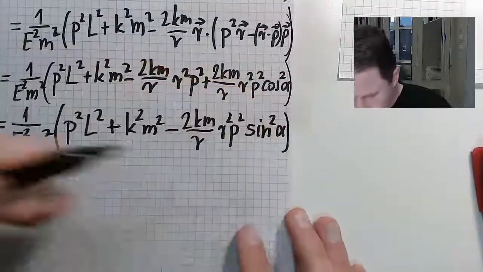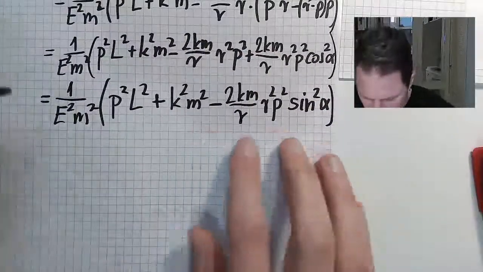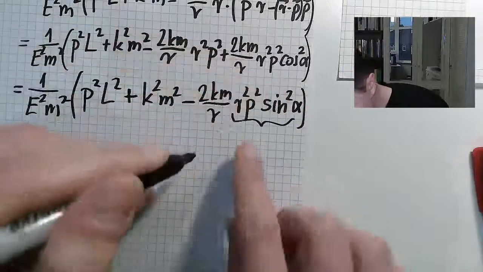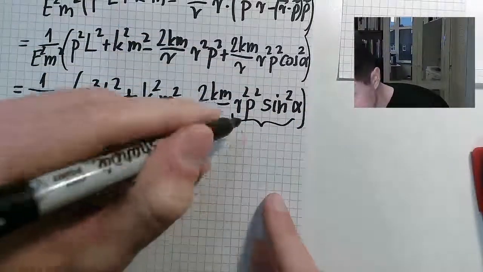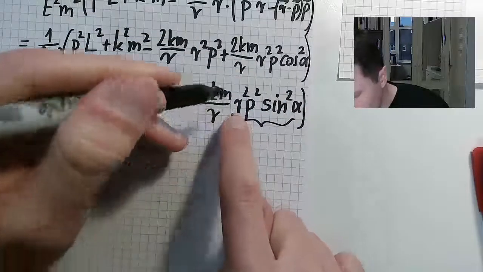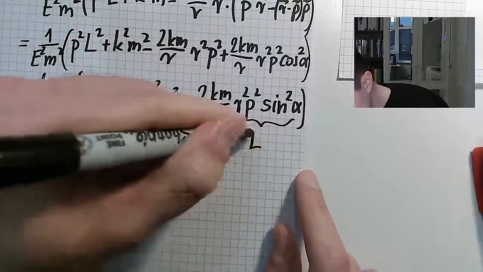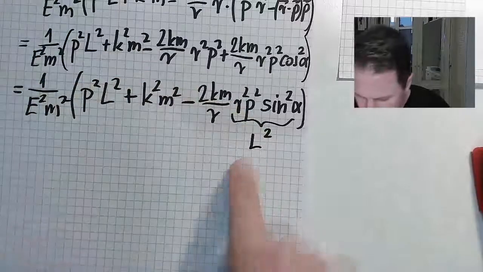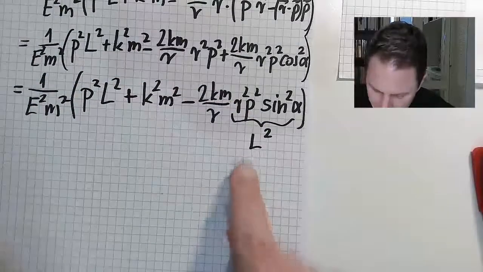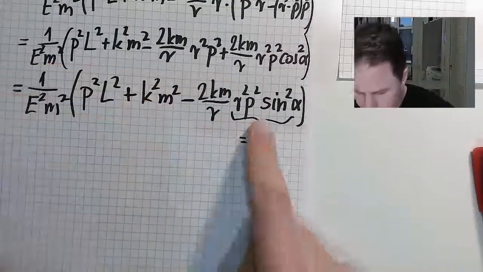Okay, so here what you can notice is that this expression right here is the length of the vector product of r and p squared, and the vector product of r and p is the angular momentum, so that is the length of L squared right there.